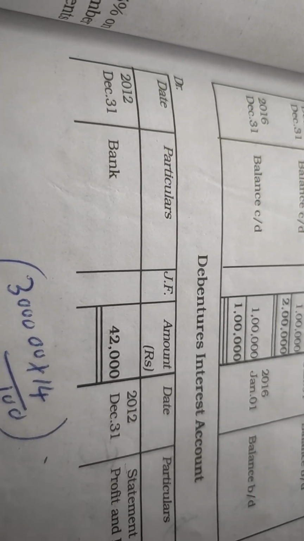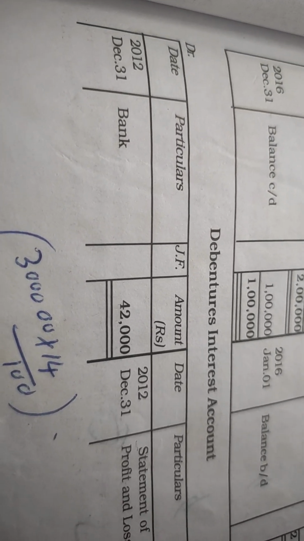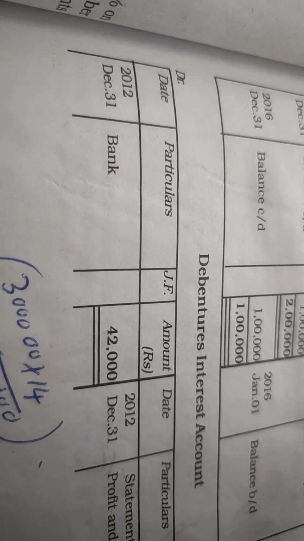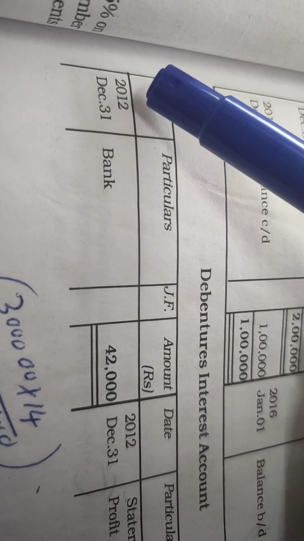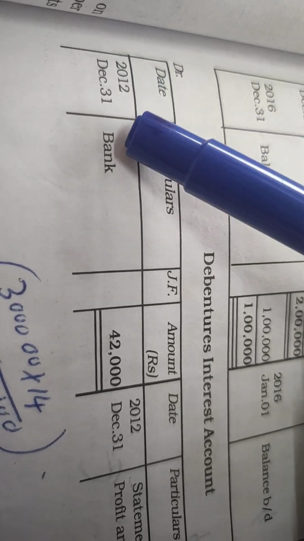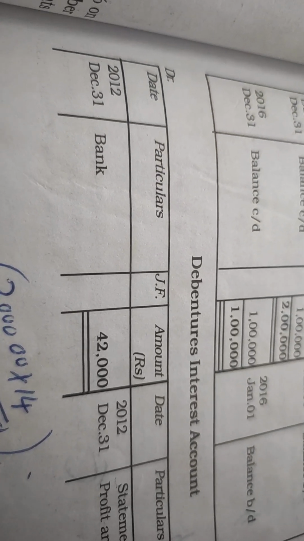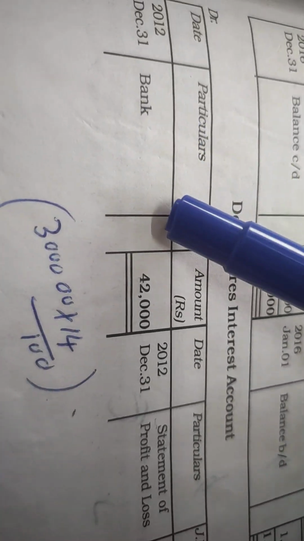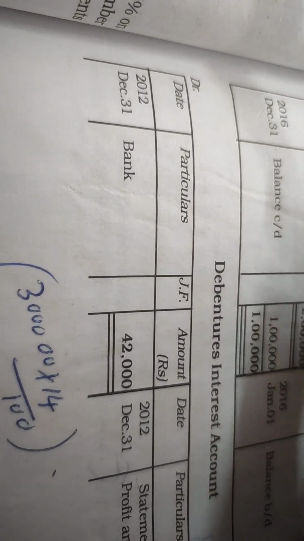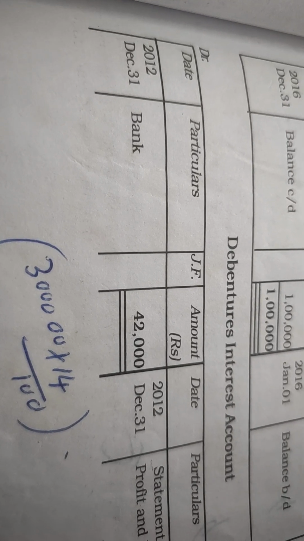Then debenture interest is to be paid on the year ending. So the date will be 2012 31st December. Debenture interest will be paid through bank. So bank, the interest, it is 14%. It is 14% debentures.